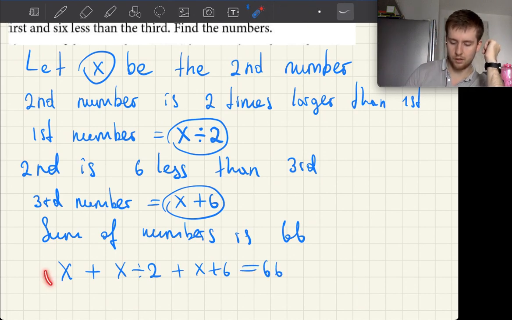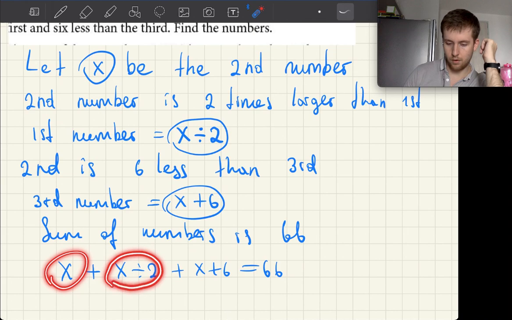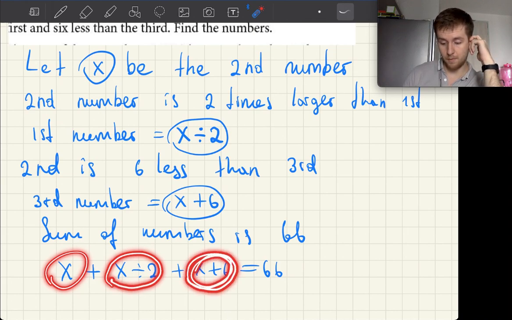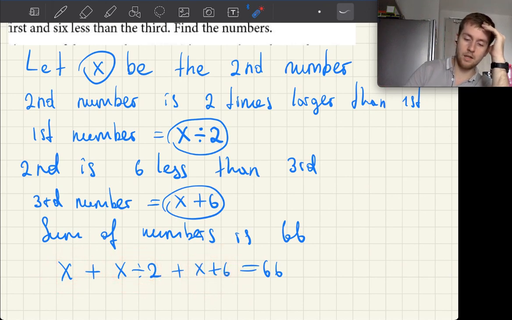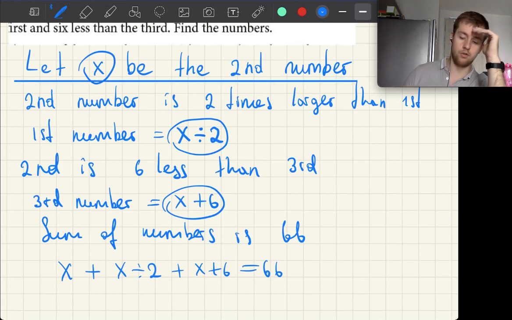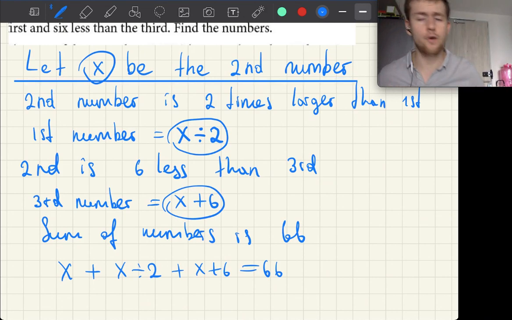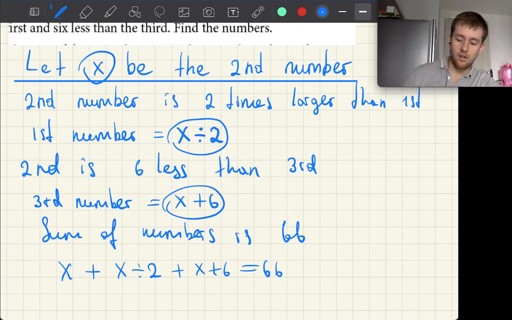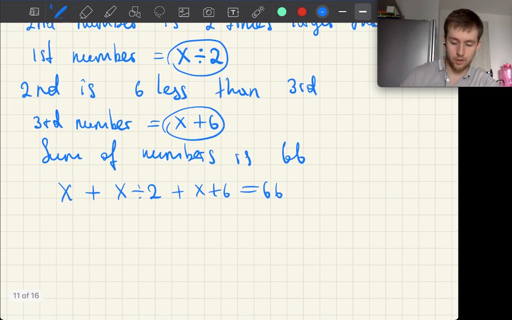Again, this is the second number, this is the first number, and that's the third number. Remember, please make sure that x is the second number, okay, not the first one, not the third one. x is the second number. Make sure you remember that. So x plus x divided by 2 plus x plus 6 equals 66.